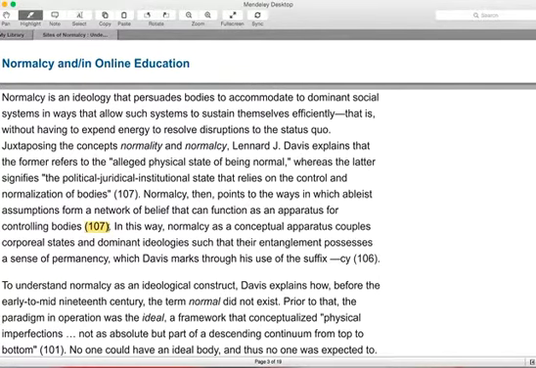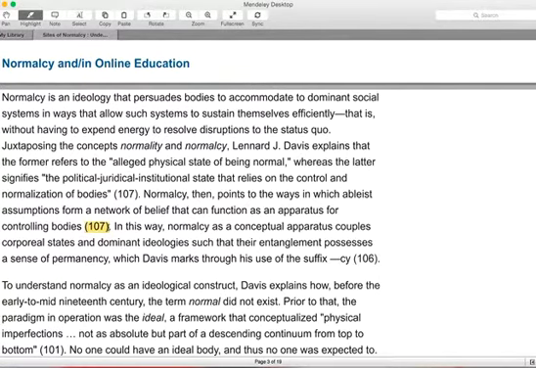We see a similar pattern in the next paragraph where the authors introduce in their topic sentence, or in their first sentence, Davis's idea that normalcy as a construct doesn't just exist. So notice in this example, they're starting the paragraph by pulling in an idea from somebody else and not their own.